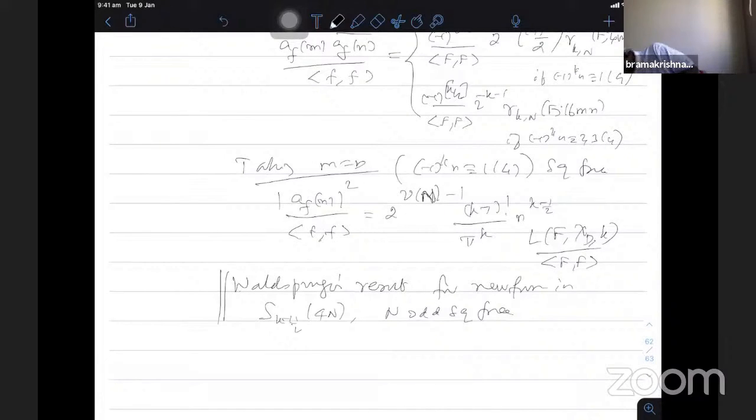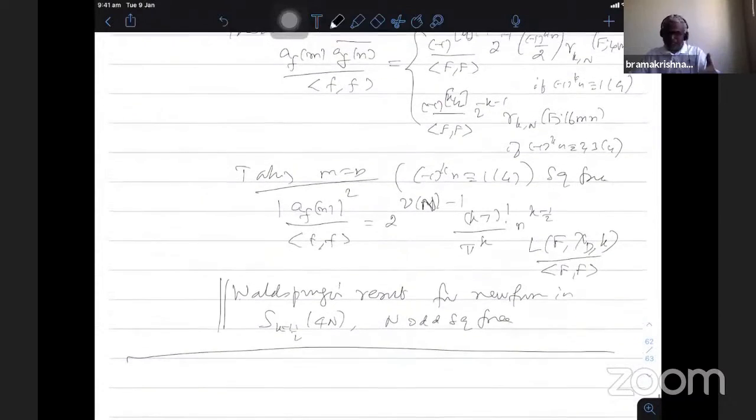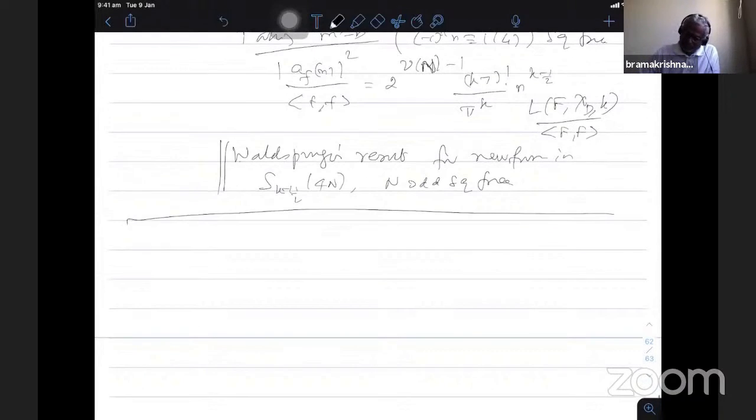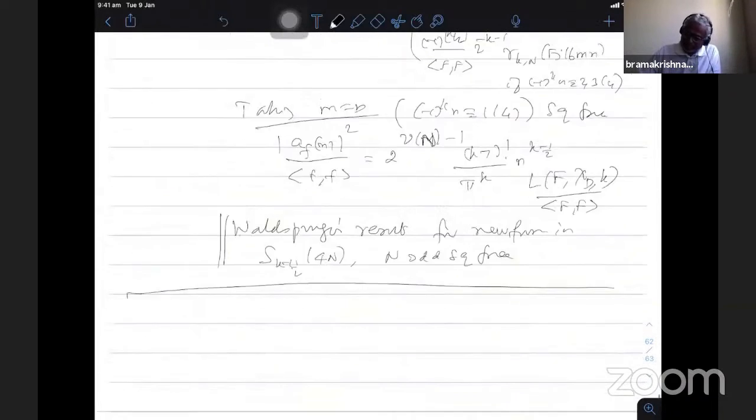Let me see how much time I have. Okay, another 15 minutes. I'll just tell you something about how things developed afterwards, a little bit, and then I'll stop. Okay. So the modular forms of half integral weight, one has to talk about the Jacobi form. The half integral forms are closely related to Jacobi forms.